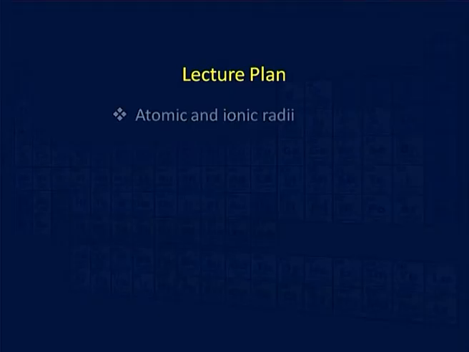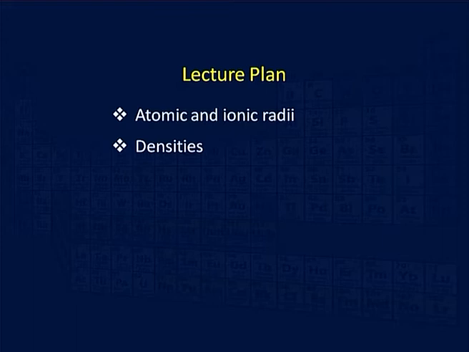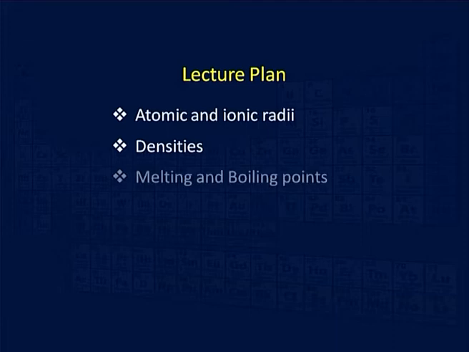In this lecture, I am planning to give you some of the more important properties of second and third row transition metals. In particular, we are going to learn about the trends in atomic as well as ionic radii of these elements. We will also see how density varies in these metals.